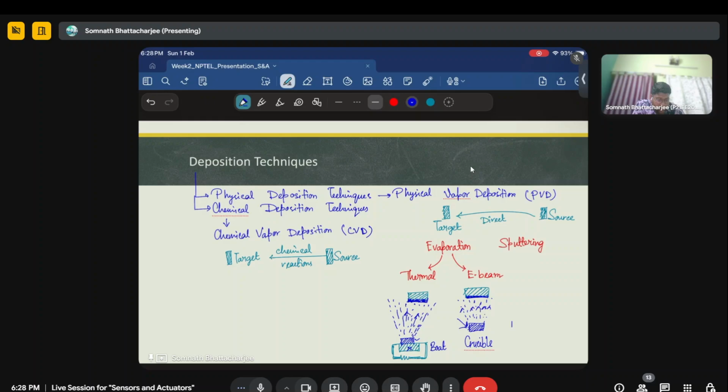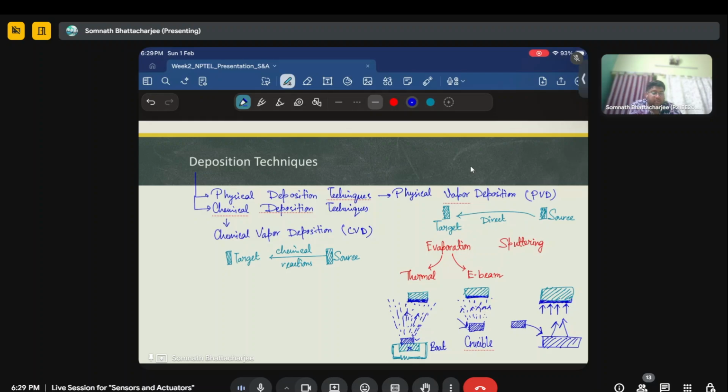Inside an inert atmosphere, you are sputtering a material directly onto your sample, and particles fly out of it and get stuck onto the sample and create a very uniform thin film, but it does involve more cost as well.